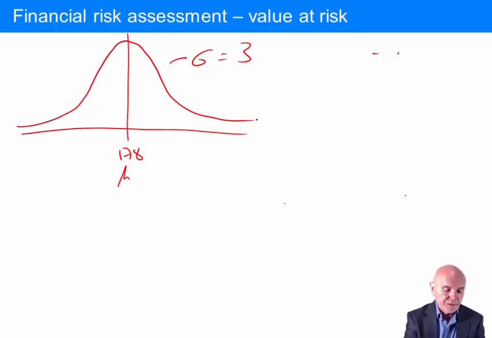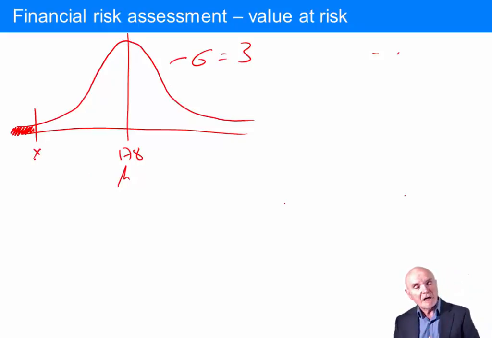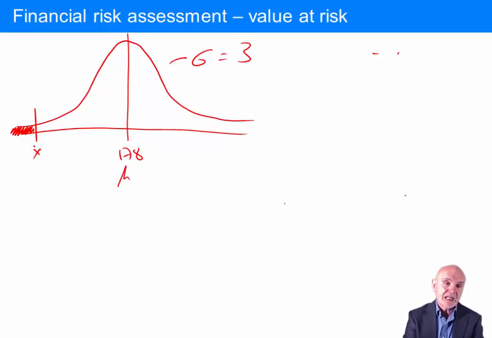And let's say we're interested in the people who are the bottom 5%. So what we want to find out really here is below what height are the shortest 5% of people. Okay. So we want to know what this x is. How far down do you have to go before you just got the 5% of people in here.